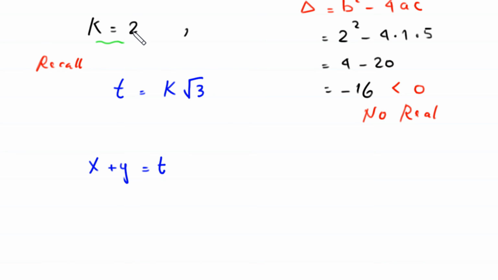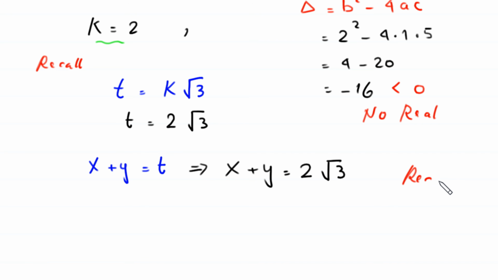Since k is 2, t will be equal to 2 times root 3, and this implies that x plus y is equal to 2 times root 3. To find the value of x, we recall equation number 2.